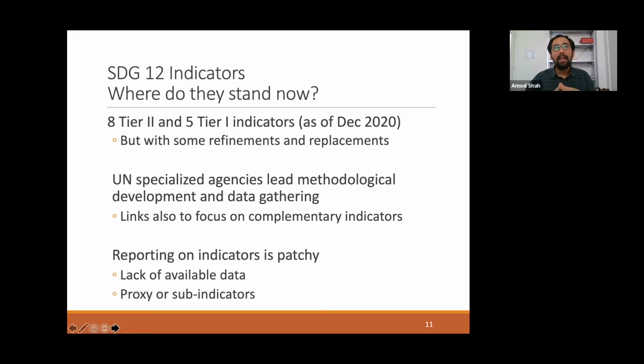But it's also clear that in certain cases, the scope has been narrowed and limited quite substantially. So for instance, the indicator for the monitoring of the 10-year framework program is now just talking about policy instruments. It's not talking about national policies for sustainable consumption and production. The target around sustainable tourism now talks about implementing standard accounting tools. It doesn't talk about national action plans for sustainable tourism.